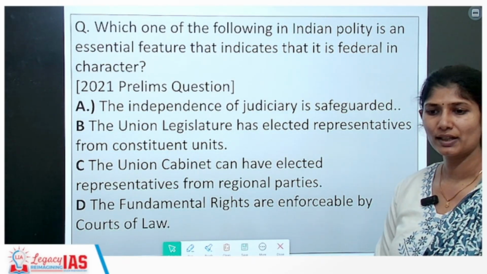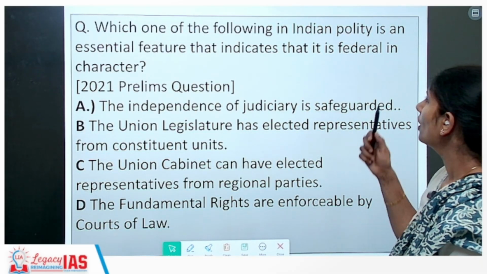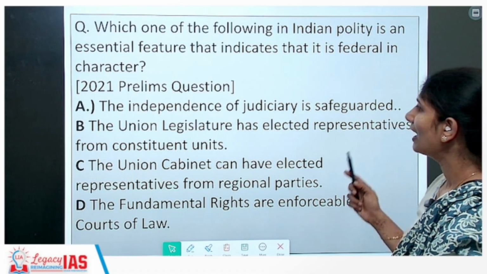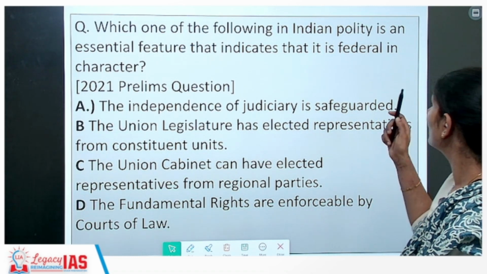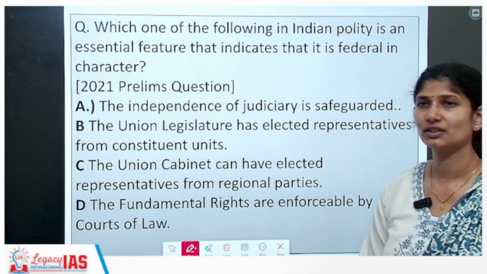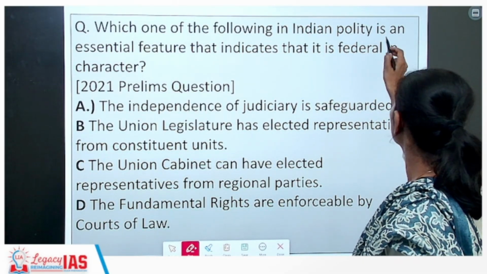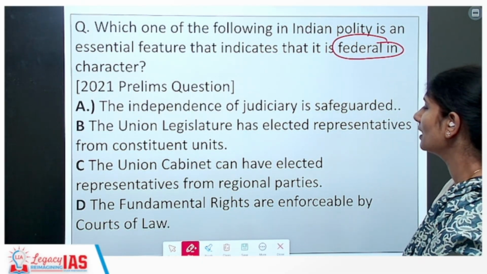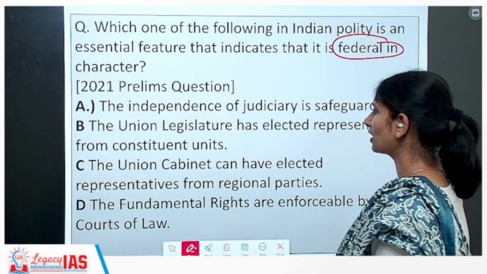Next, 2021 prelims question. Which one of the following in Indian polity is an essential feature that indicates that it is federal in character? Or in simpler sense, we are trying to tell that which of this is a federal feature? The independence of judiciary is safeguarded.